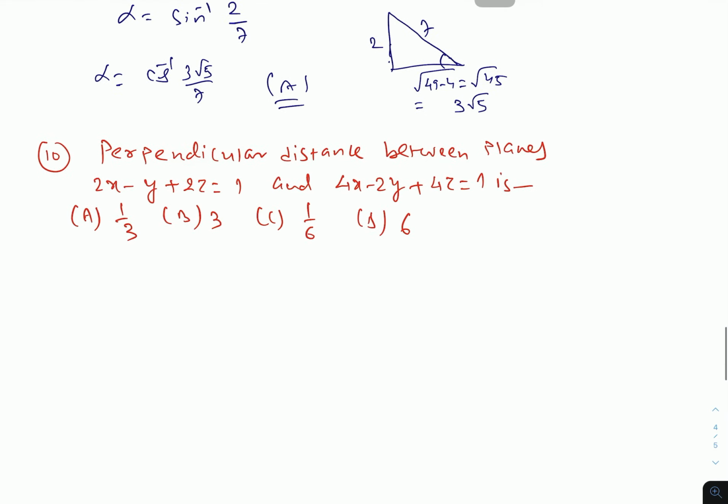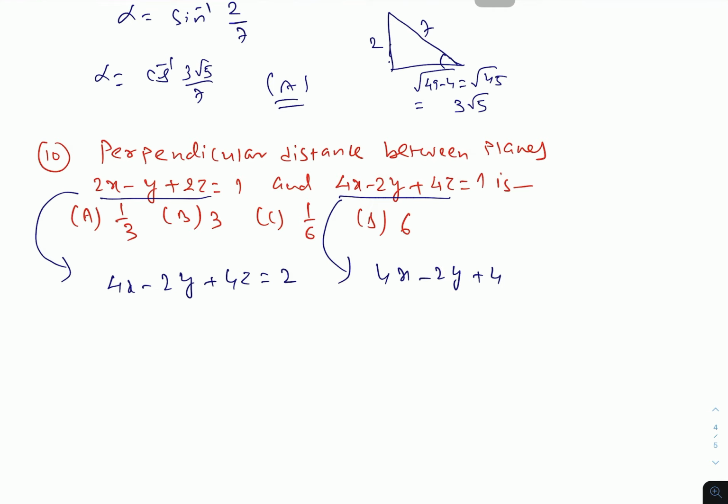Now we know perpendicular distance between two parallel planes. So these are the two parallel planes. So this can be written as 4x minus 2y plus 4z equal to 2. And this one is 4x minus 2y plus 4z equal to 1.